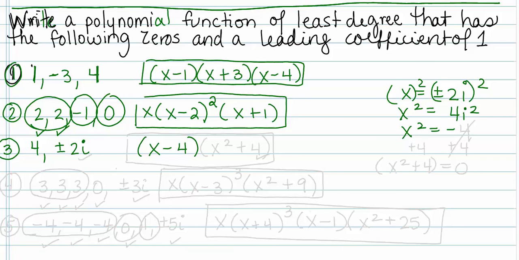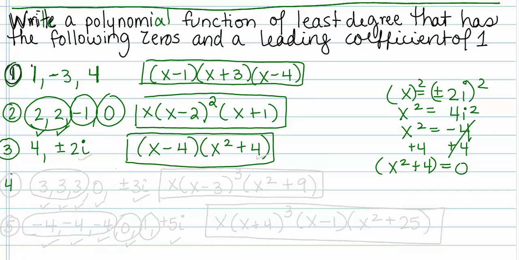But i squared is a negative 1, so you get negative 4. And so we want to have a 0 on the right, so we're going to add 4. So now we have x squared plus 4 equals 0. So the plus or minus 2i came from an x squared plus 4. So that would be that answer.